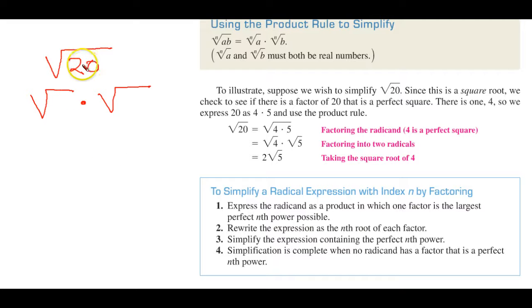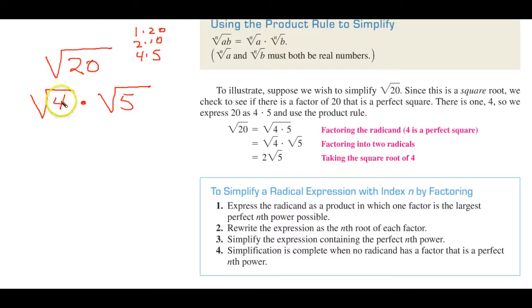As we look at this 20, what we want to look for is a perfect square factor of 20. We can go 1 times 20, 2 times 10, 4 times 5. And the largest perfect square factor that we can get out of 20 would be 4 times 5.